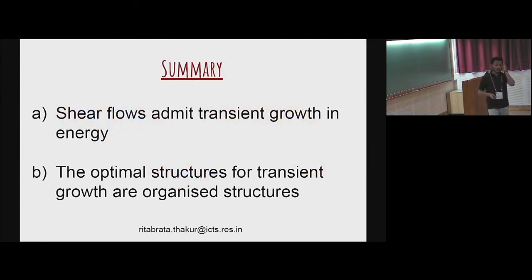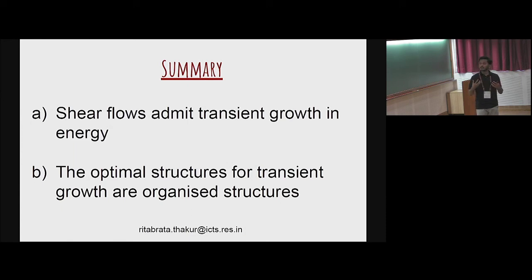So to summarize, shear flows only admit transient growths in any quantity, not really energy only. And the optimal structures for the transient growth are organized structures, as have been mentioned in talks before me.